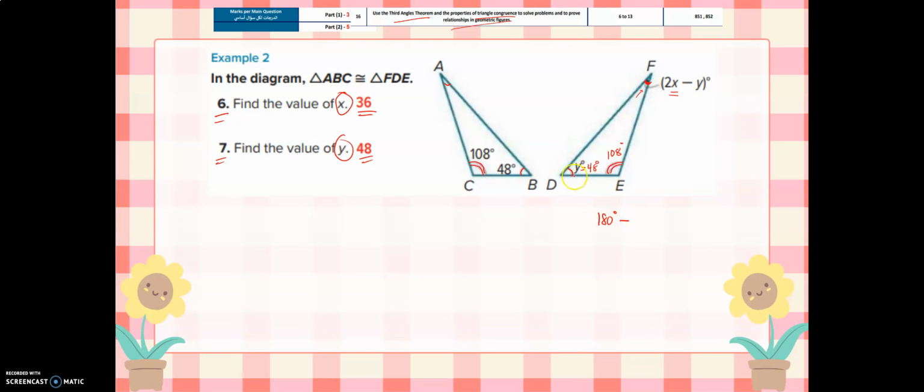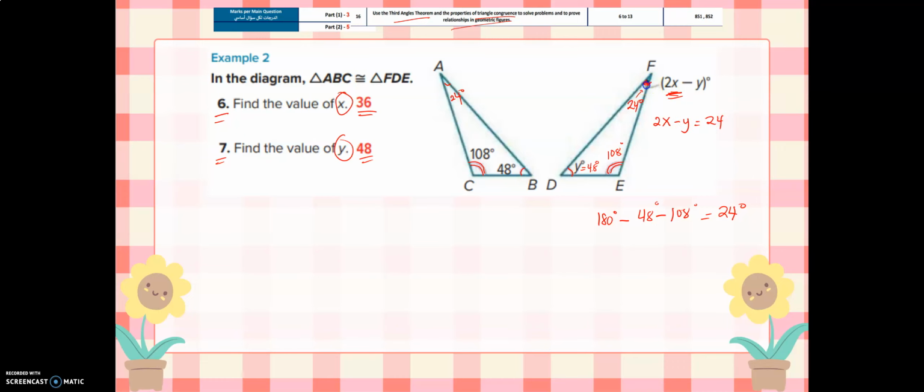So I'm going to subtract 48 and then 108 degrees from 180. So I'll get here 24 degrees. That means angle F is equal to 24 degrees, and this must also be 24 degrees. Okay, now we're going to look for the value of x right here. So how are we going to do that? I'm going to say 2x minus y is equal to 24.